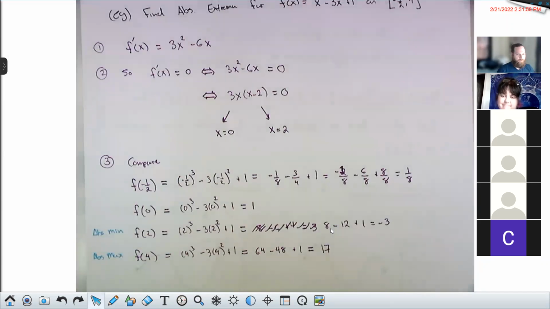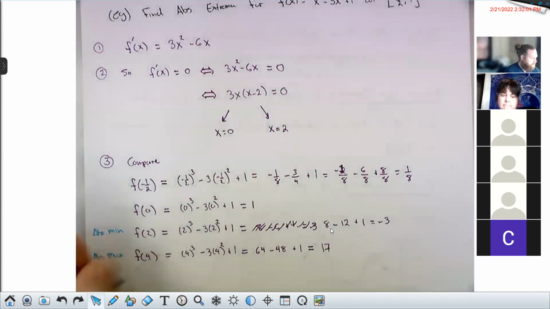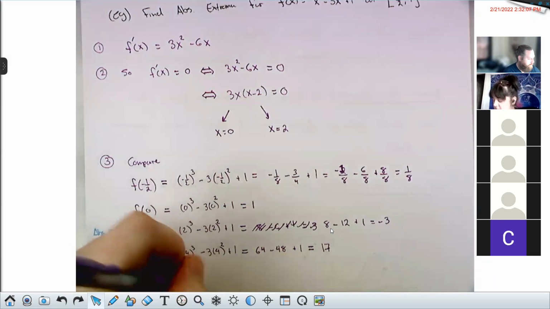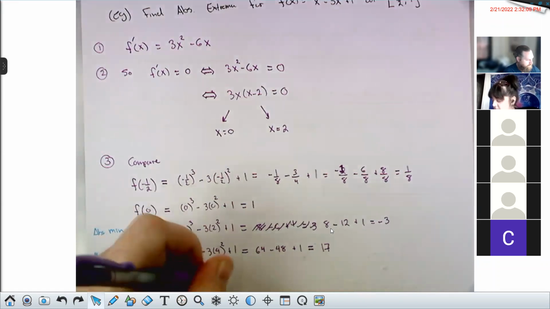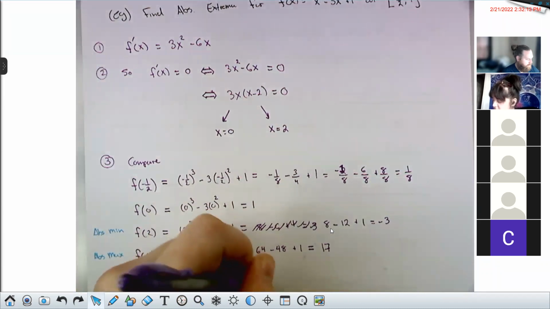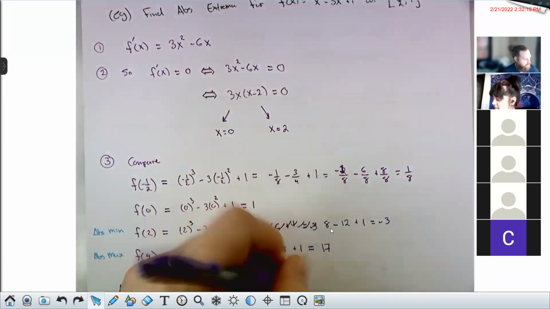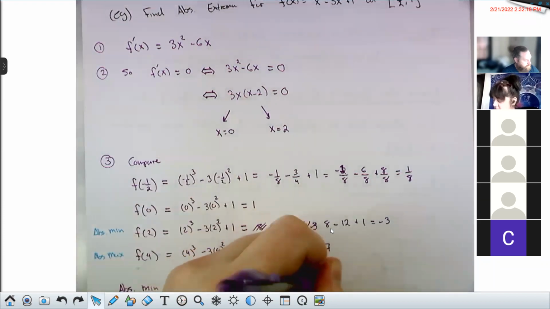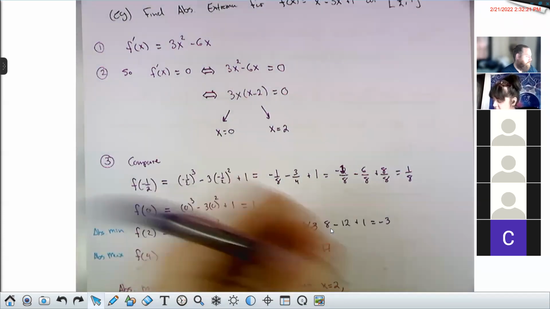The language we would use to describe these, we would say that the absolute min is -3, and it's attained when x is equal to 2.